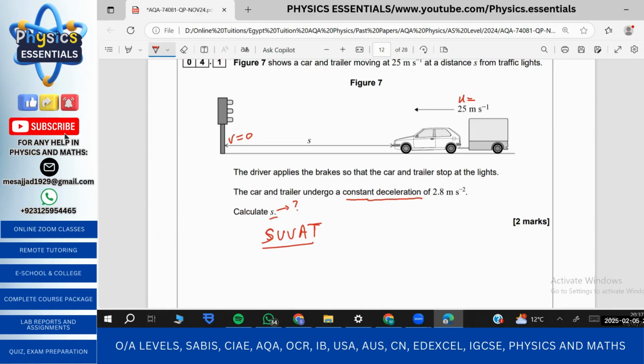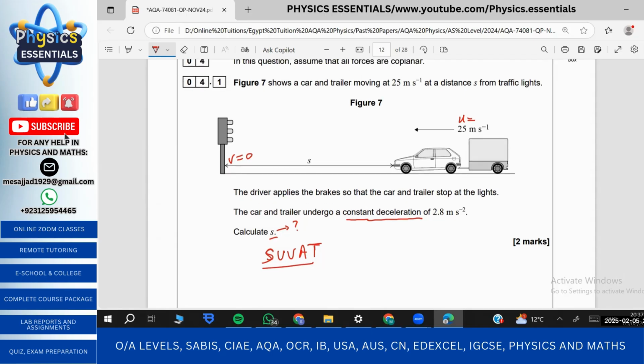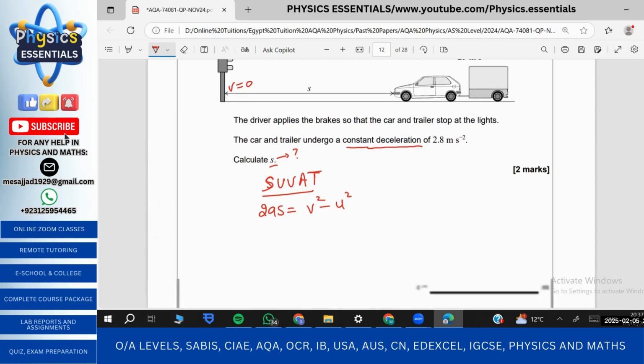So I'm going to use the third equation of motion, which is the third SUVAT: 2as equals v square minus u square, where acceleration is actually deceleration. So I'll put this with a negative sign because it is deceleration. When your speed is reducing, it is negative acceleration, or in other words, deceleration. And when your speed is increasing, it is acceleration with a positive sign.